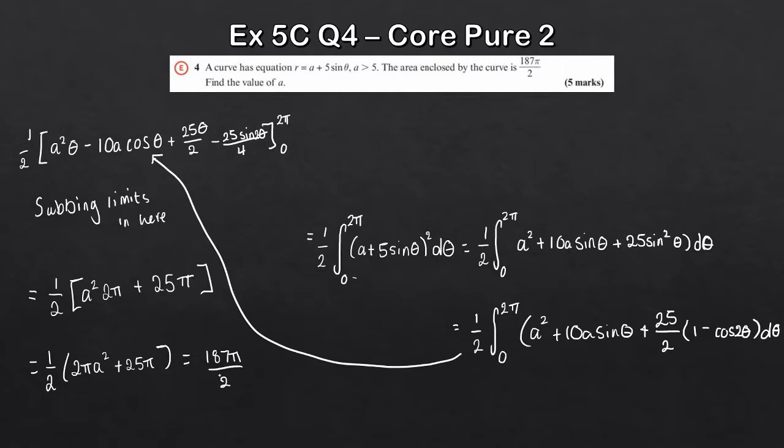So at this stage now, we just solve this in terms of a. You can times through both sides by 2 to get rid of the denominators, plus 25 pi, and this is equal to 187 pi.